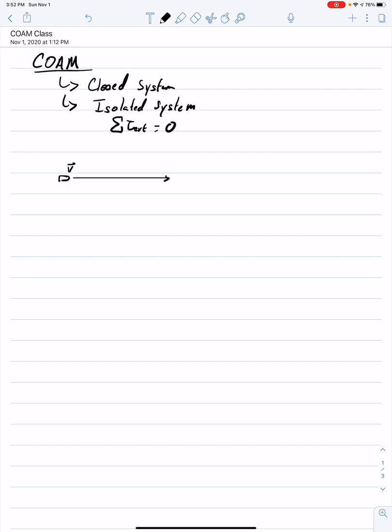But with respect to an origin, a point of origin, even though it has linear momentum, it does have angular momentum with respect to a reference point, okay?